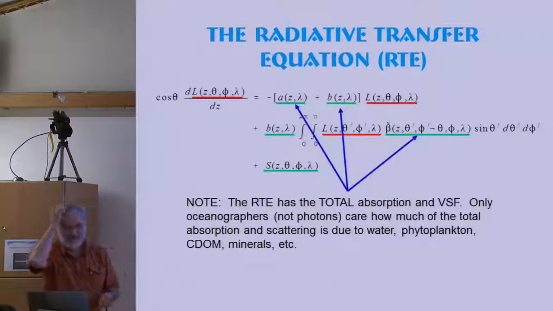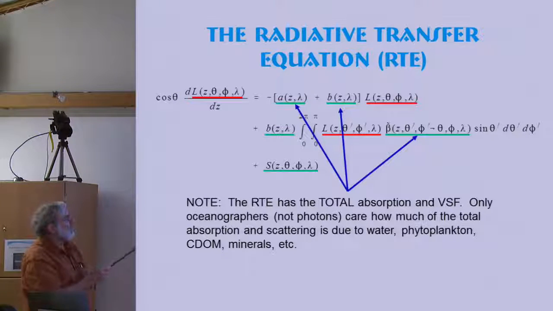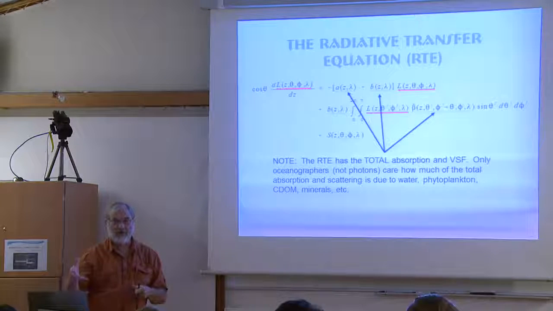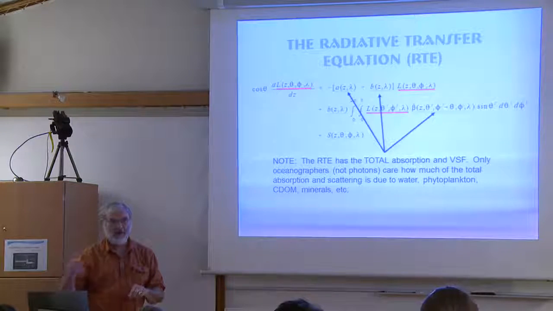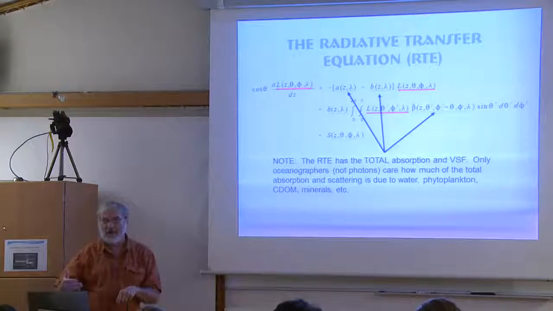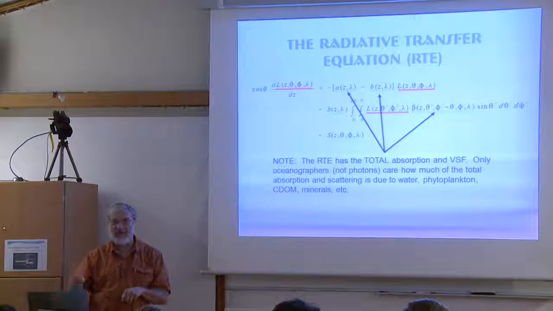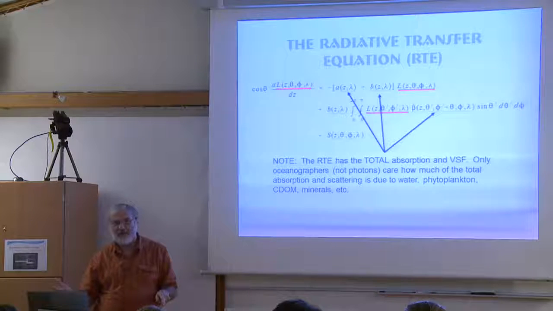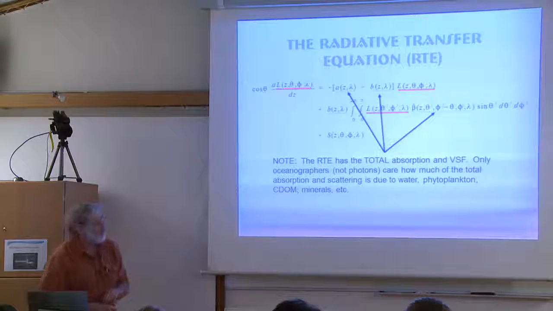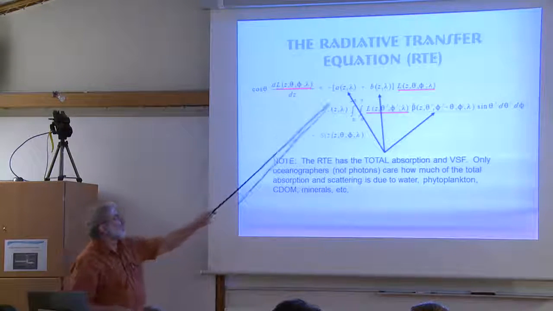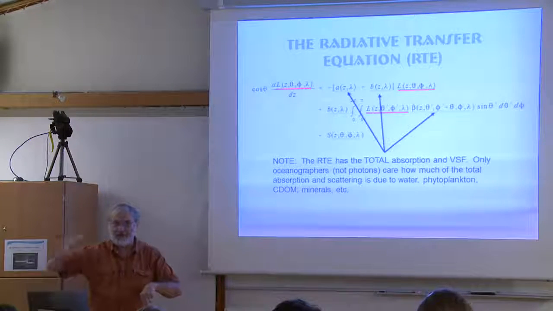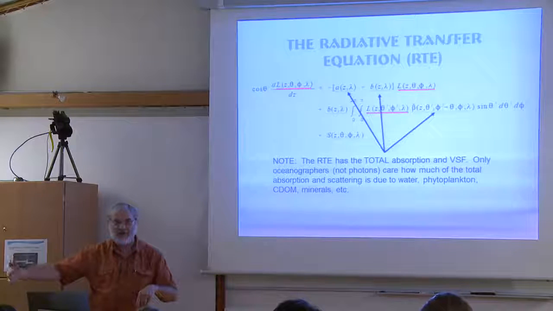Okay, just to make a comment here, the only thing that goes into the radiative transfer equation is the total absorption, the total scattering. The light doesn't care whether this absorption came from CDOM or a phytoplankton or a water molecule or what. It just says I got absorbed or I didn't. So it's only oceanographers that care how much of the absorption is due to these different components, because that's telling you something about how the ocean works.